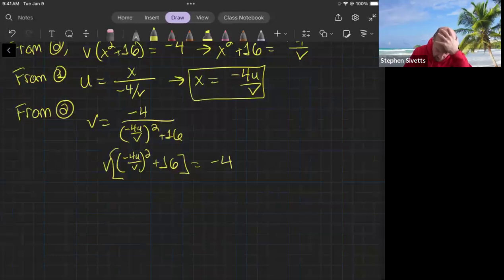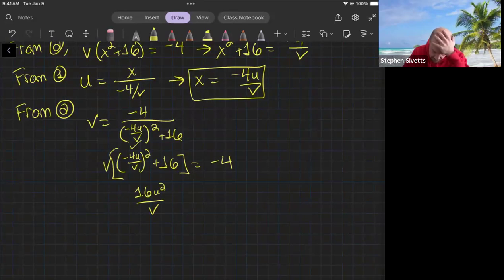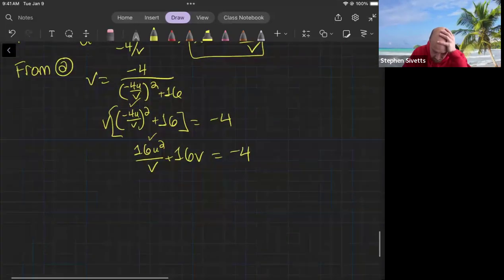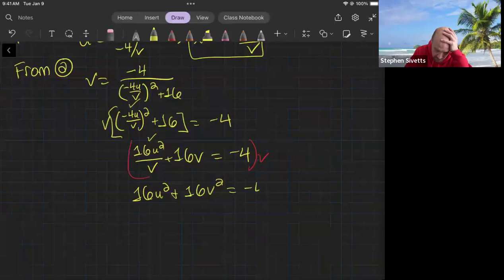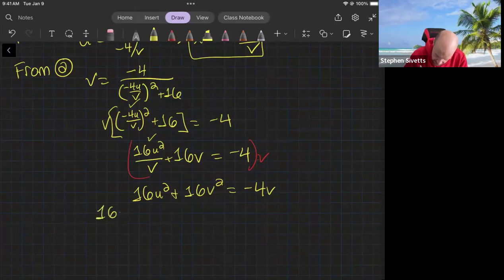If we simplify all of this, we'll have 16u squared over v plus 16 times v equals minus 4. If I multiply both sides by v, I'll have 16u squared plus 16v squared equals minus 4v. And so we'll have 16u squared plus 16v squared plus 4v equals 0.